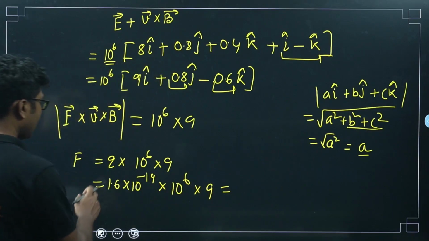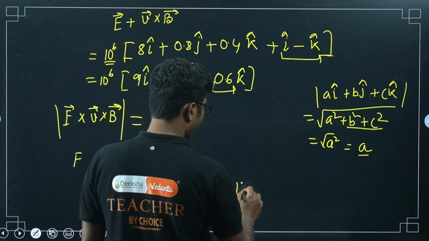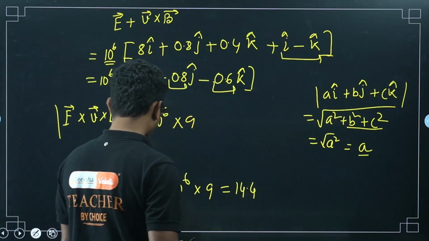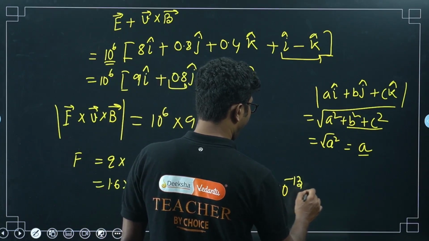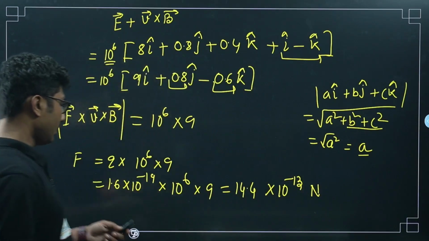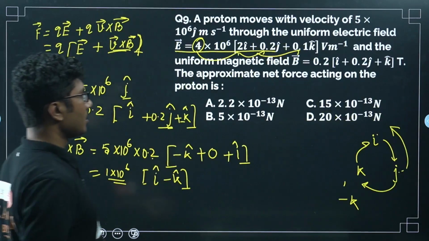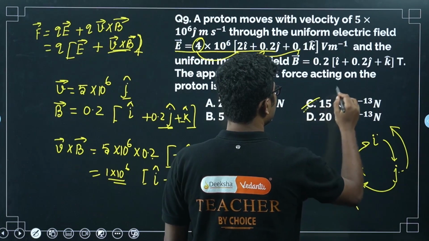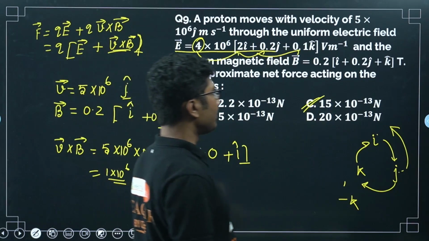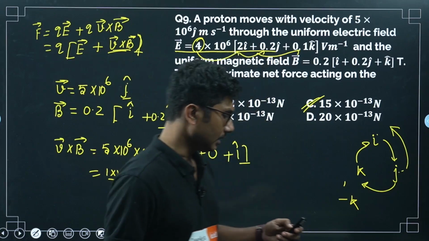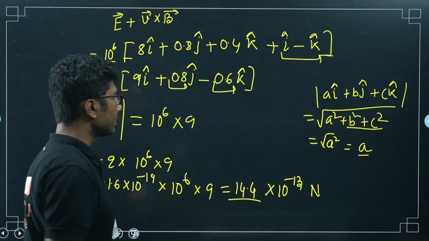So it will be 9 plus 5.4, so it will be 14.4 times 10 to the power of minus 13 Newton. So the approximated answer will be this. This is the closest answer, so 15 times 10 to the power of minus 13 Newton, right? This is very close to our actual answer.